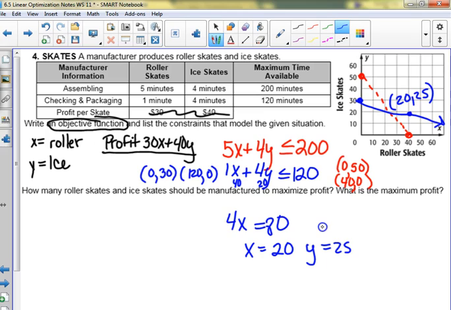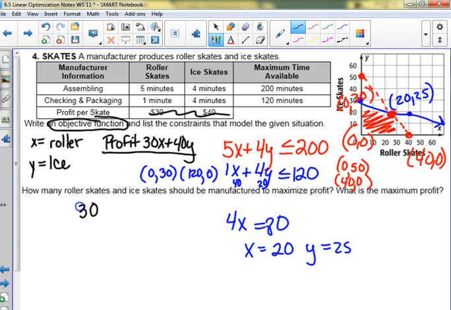Anybody do a matrix? Okay. Where else are our intersection points, though? Or our corner points, I should say. 20, 25 is this one. 0, 30, and 40, 0, and 0, 0. Somehow I don't think our profit is going to be very good at 0, 0. Okay, we want to maximize our profit.